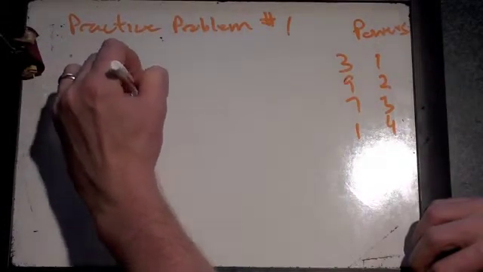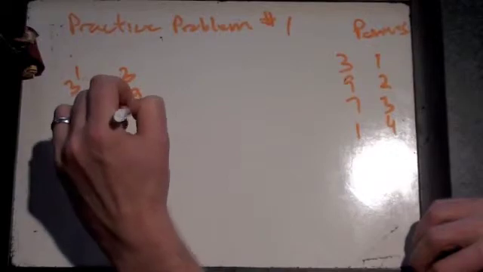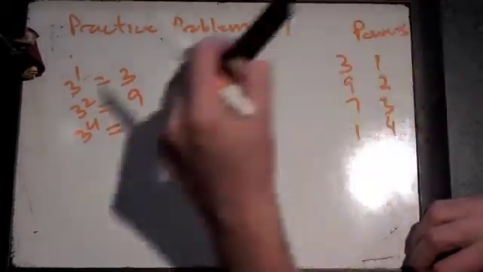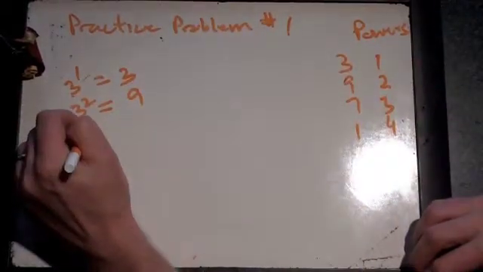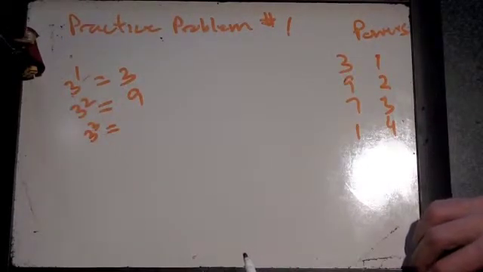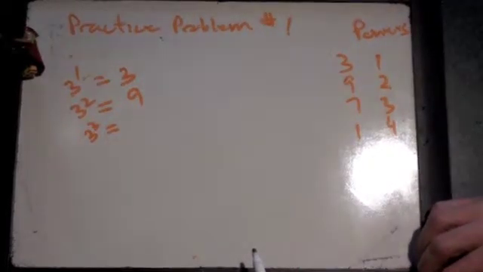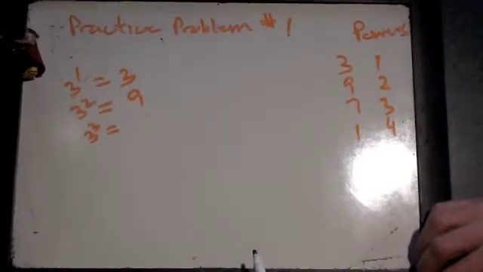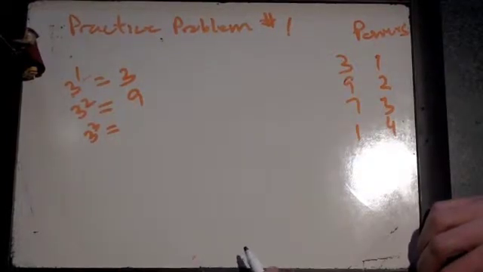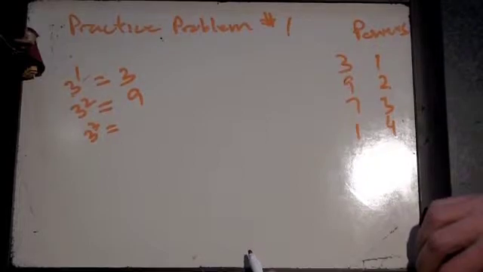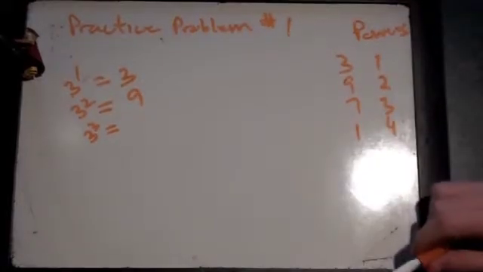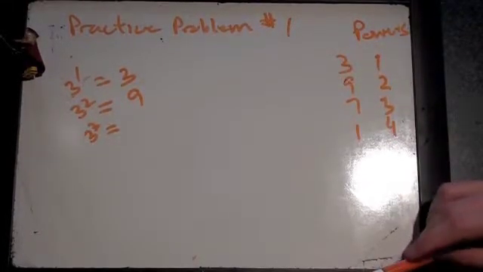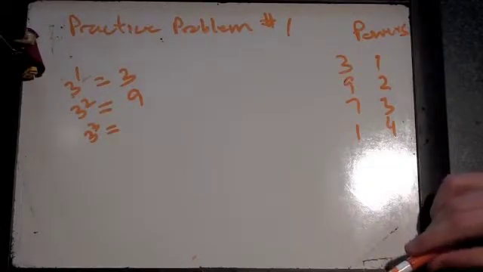3 squared is 9. What's the last digit of 3 cubed? 3 times 3 times 3 is 9 times 3, which is 27.